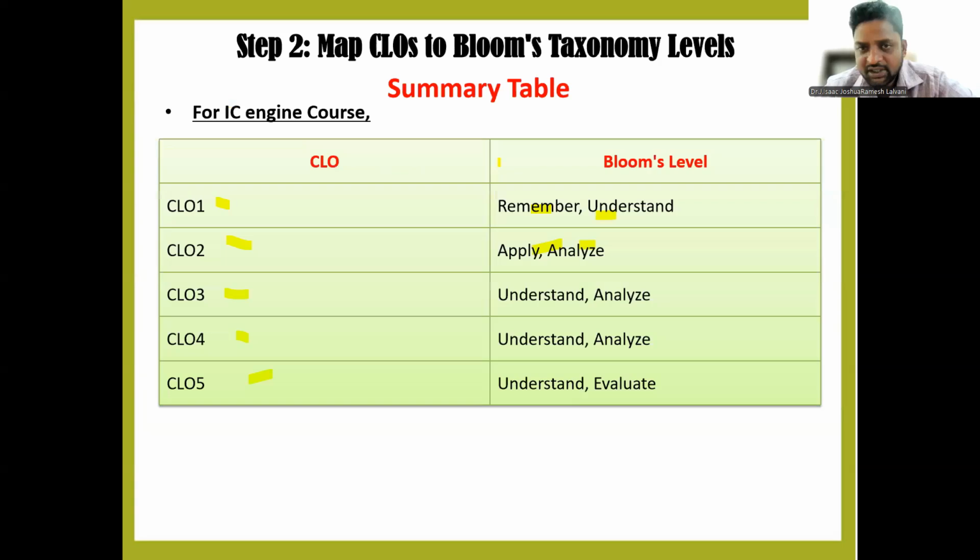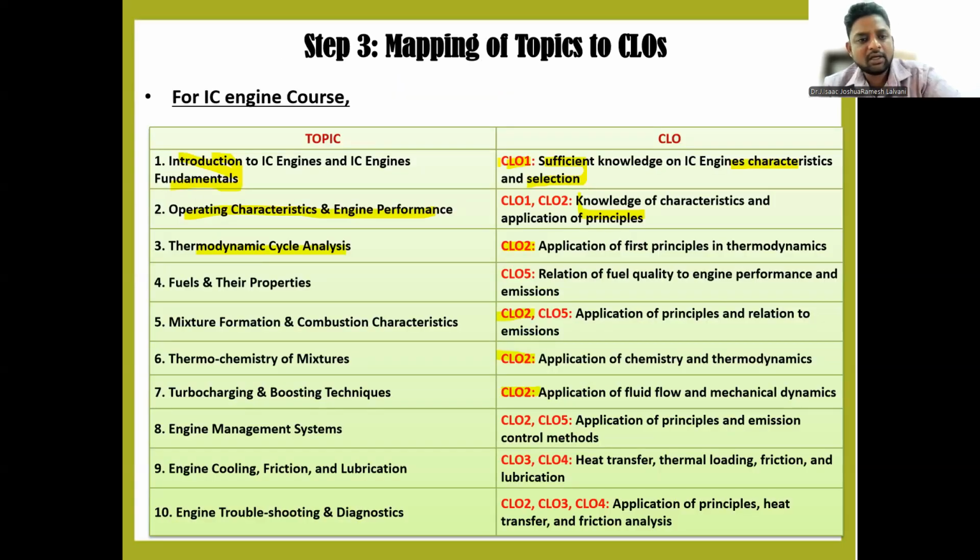When the students finish topic 4, that is fuels and their properties, they will get the particular knowledge of the particular learning outcome of the course. That is what he is studying in that chapter: relation of fuel quality to engine performance and all emissions. So this learning outcome 5 will be like that.